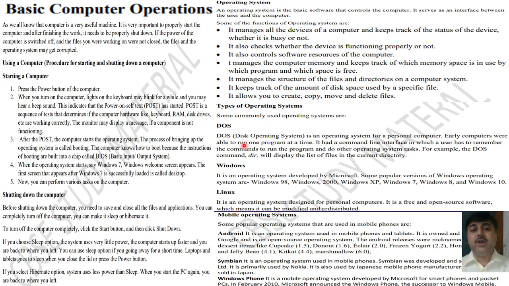DOS means disk operating system, used on the personal computer. In the early days we worked on this computer with directories, isn't it? Nowadays we work on Windows, with different types and versions: Linux, Windows 98, 2000, XP, all of these were there, isn't it?